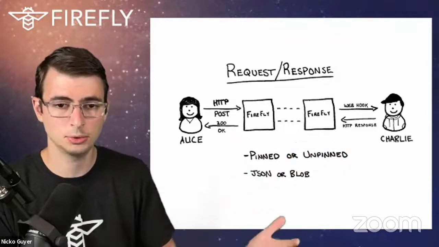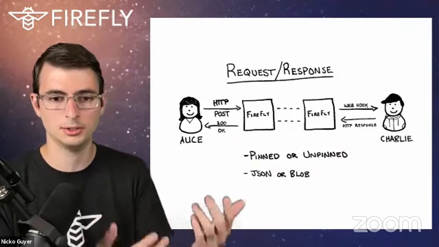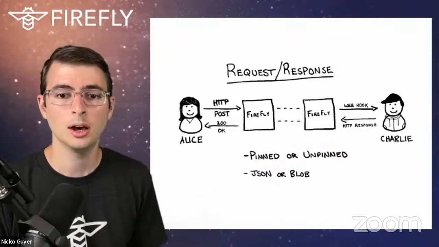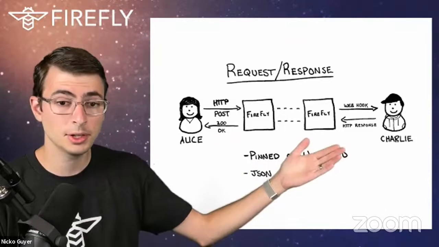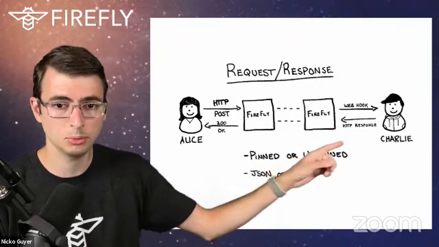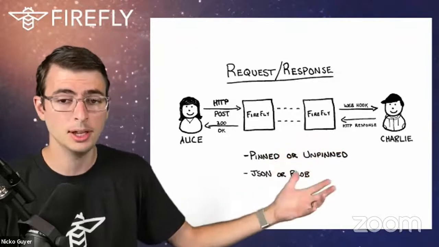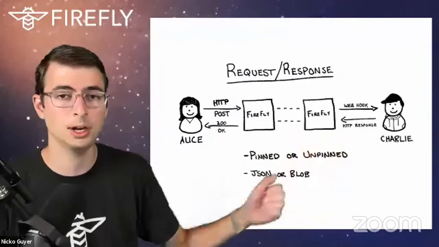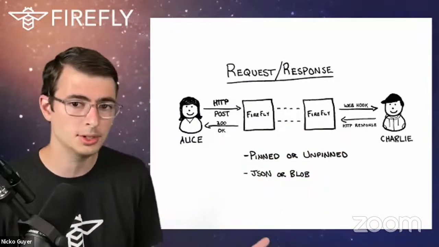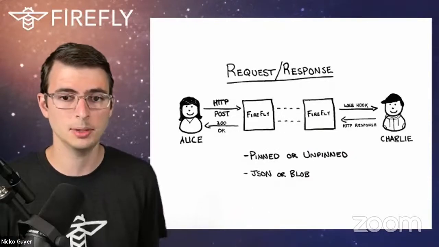Instead, what happens is Alice's Firefly node transmits to Charlie's, and then Charlie, at some point prior, has set up a subscription. We'll talk about what subscriptions are, how to set them up in a little bit. And he will receive this message over a webhook. His application will respond with an HTTP response. This could be an app that's designed specifically to work with Firefly, or it could be a legacy system or just some other HTTP server.